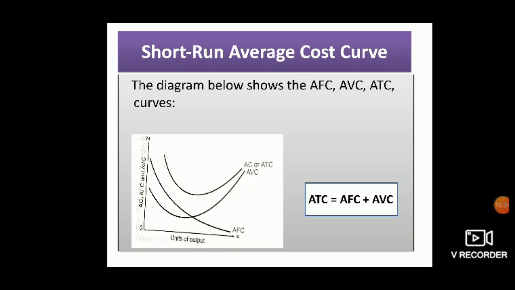I have explained the relations between AFC and AVC. So, ATC is equal to AFC plus AVC, and now you can see this diagram.